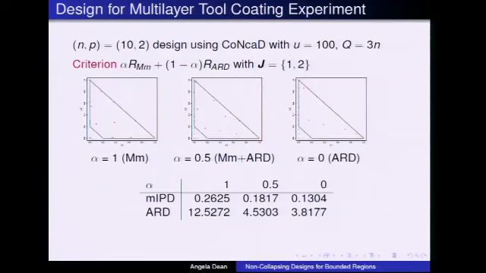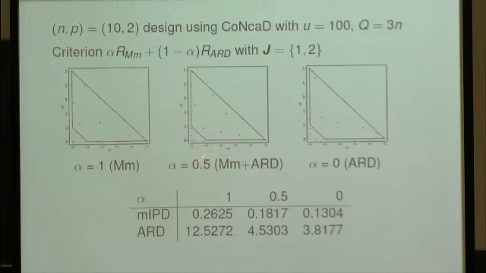If you set, this is just with 10 points by the way, if you set alpha equal to 0, you get the average reciprocal distance design, which looks like that. And if you set alpha equal to half, you get a sort of combination, which looks like that, which we thought looked better. But again, we've only got 10 points here, so it looks as though it's got lots of holes in it, and that's because there aren't many points.